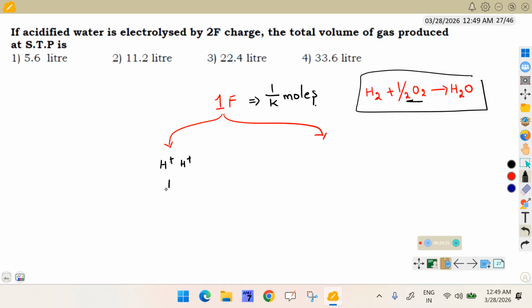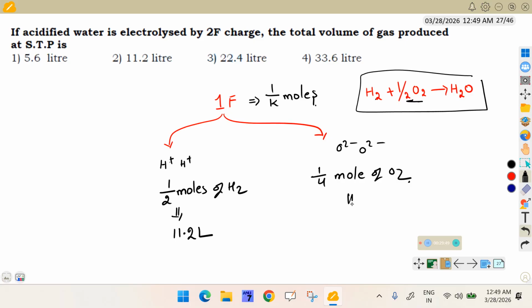So 1 by 2 moles of H2, then charge is O2 minus, 1 by 4 moles of O2. 1 by 2 moles volume, 1 mole 22.4 liters, 1 by 2 moles 11.2 liters. 1 by 4 moles, 5.6 liters.